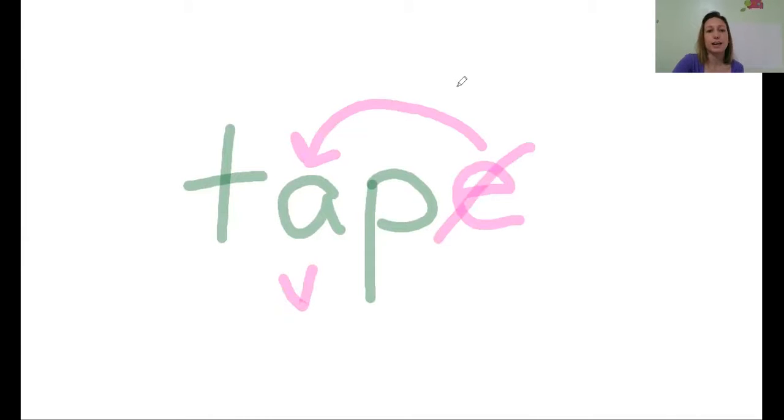I have a vowel, consonant, E pattern now. My vowel, consonant, E syllable. So when I show you this card, it's going to say A, consonant, E says A. That's our long vowel pattern. A, consonant, E says A.